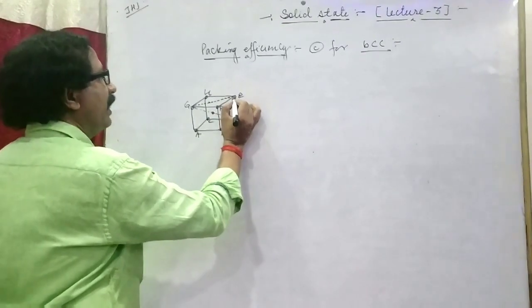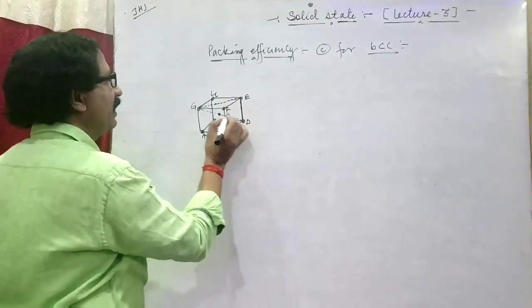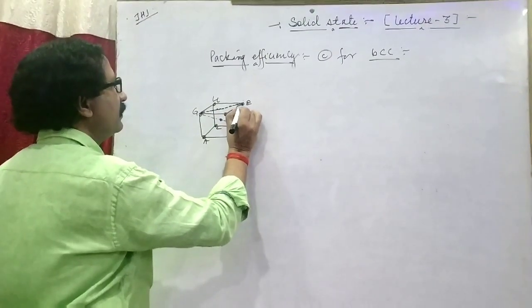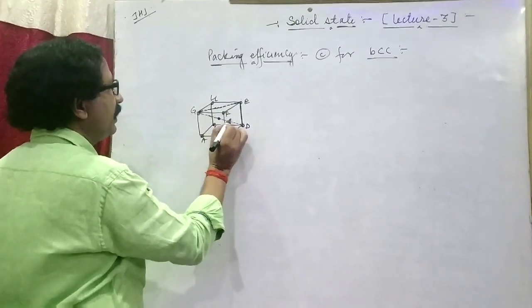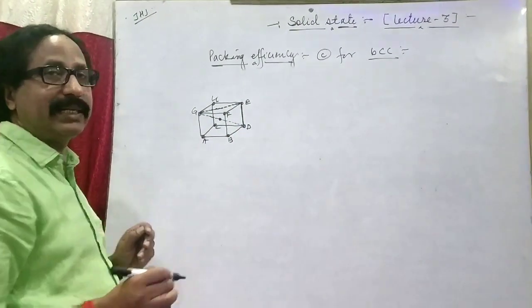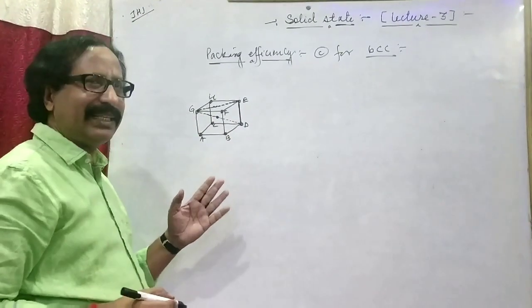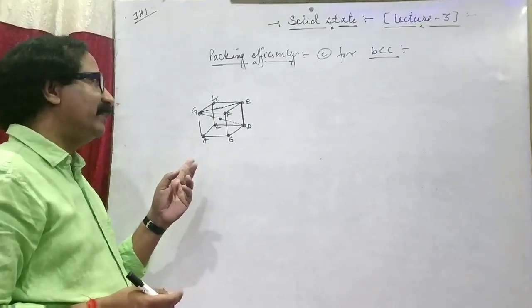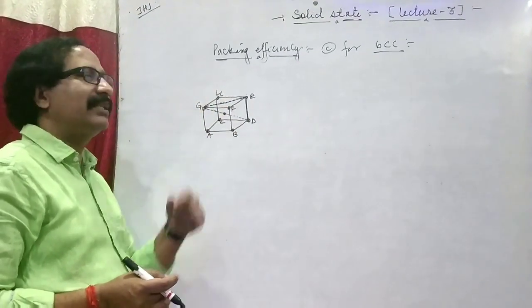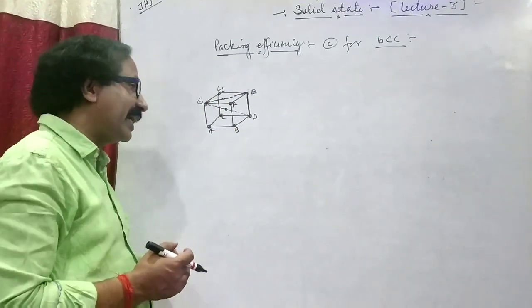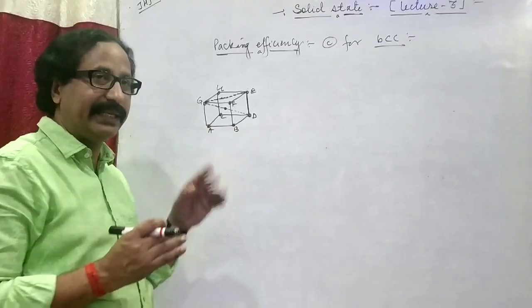And now we have to discuss this triangle. It is also a right angle triangle. Okay? It is a 3D structure. That's why it seems that this is a 30 degree or 60 degree angle, but actually this is a 90 degree angle.